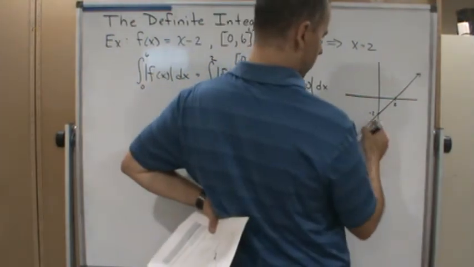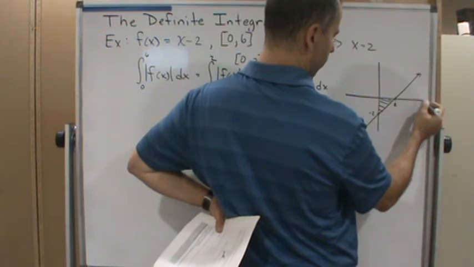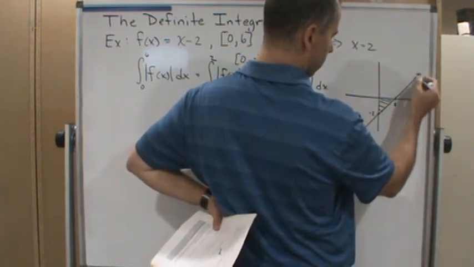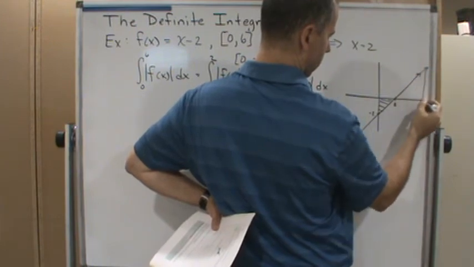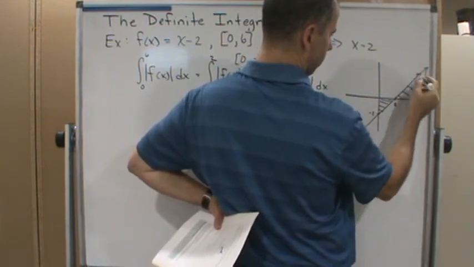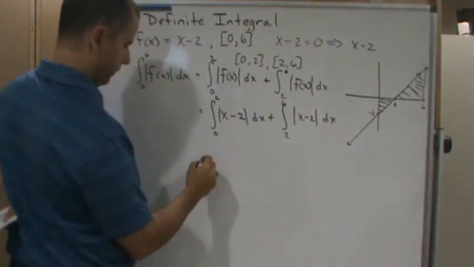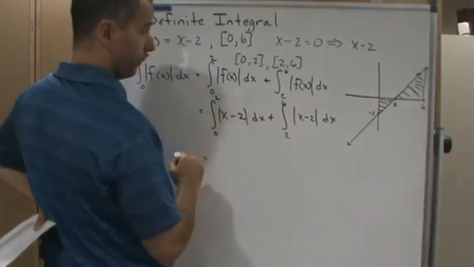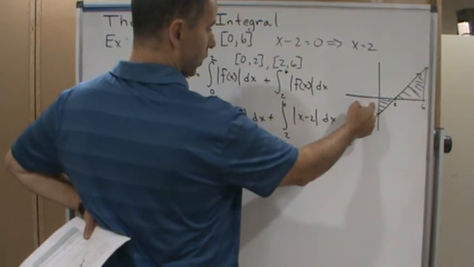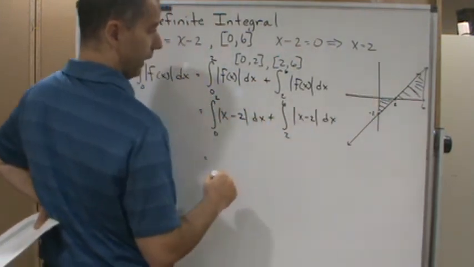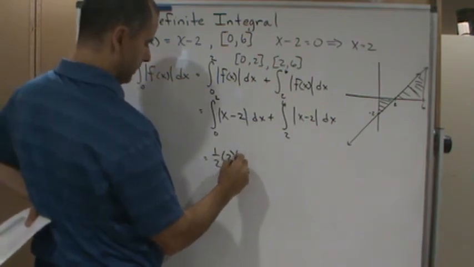From 0 to 2, it's below, and then from 2 to 6, it's above. So let's use the formula for the area of a triangle. In this case, this is going to be a height of 2 and a length of 2, so it's going to be 1/2 base times height.